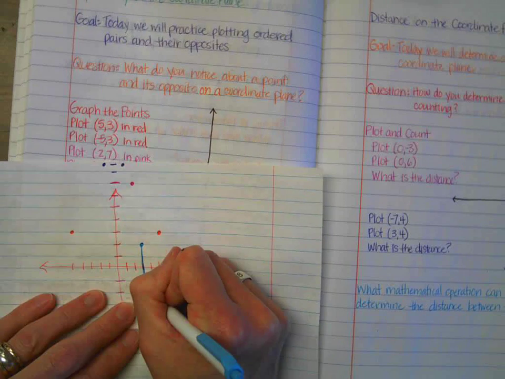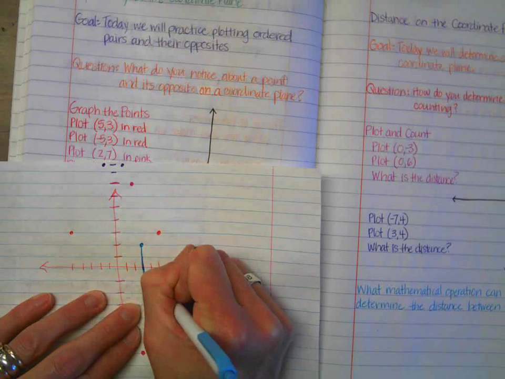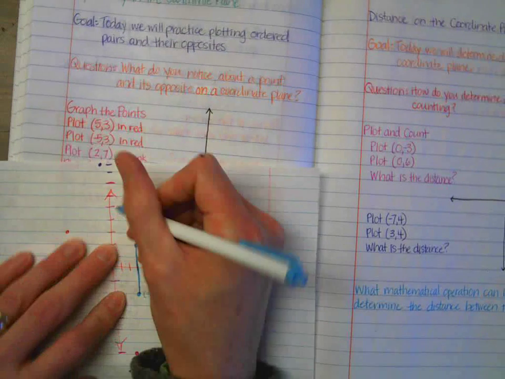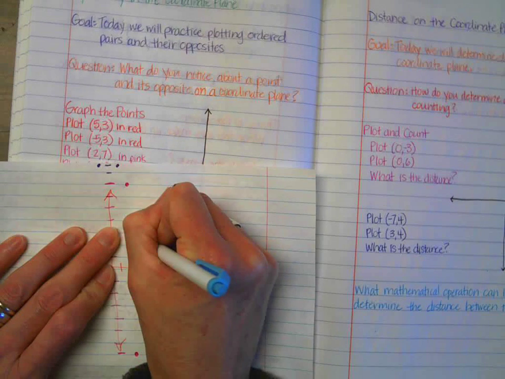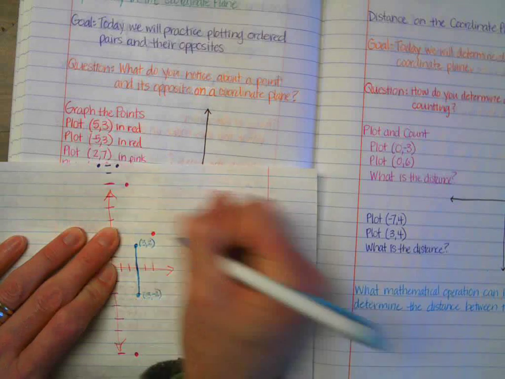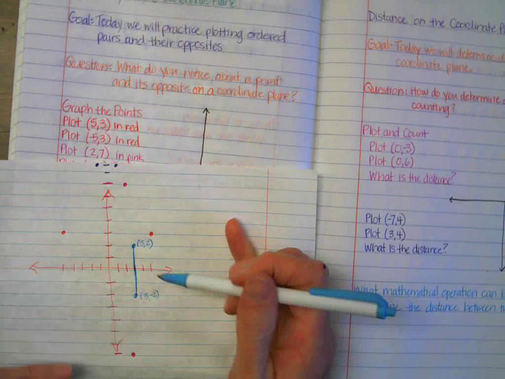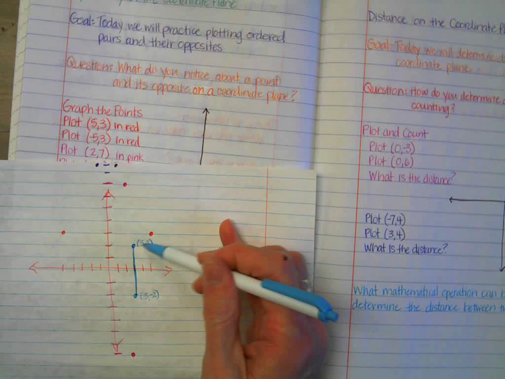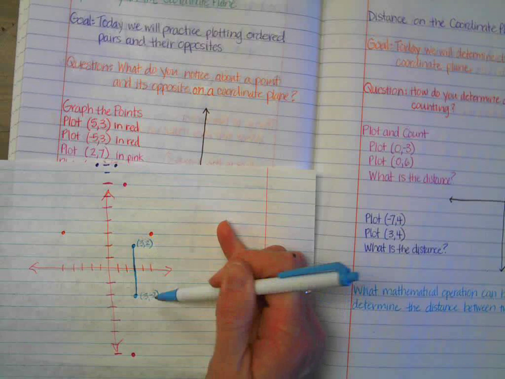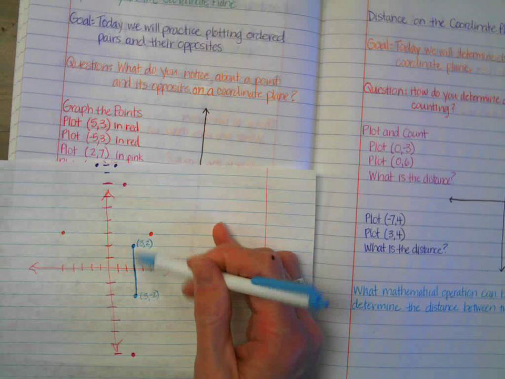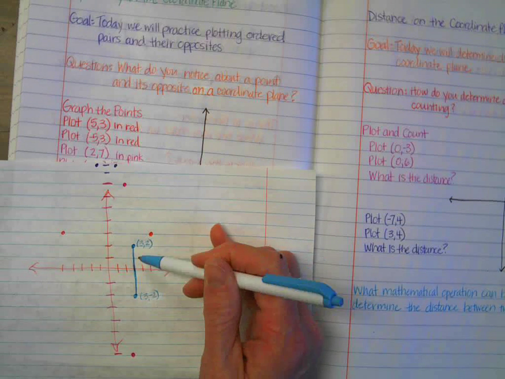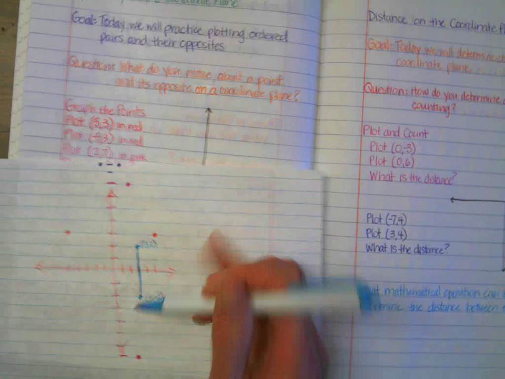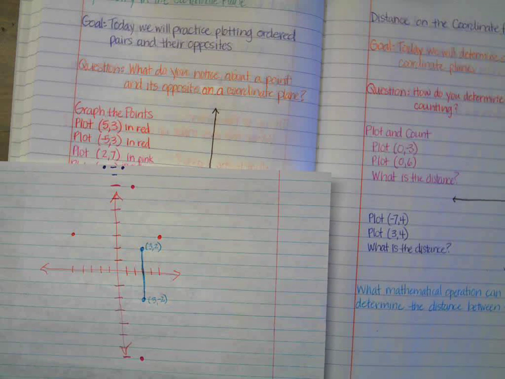Remember, this one is 3, -2, and this one is 3, 2. Look at your line. When you go from a positive y to a negative y, what is the shape of the line? It is vertical. That's interesting.